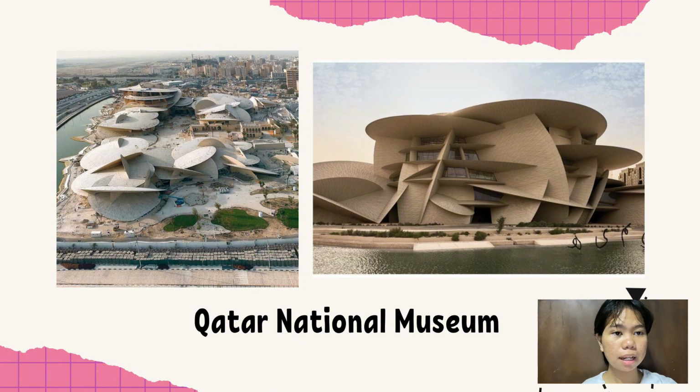So if we analyze the building, we could see that the structure is painted beige, or the materials are colored beige. So you can see how art is being presented in this structure.